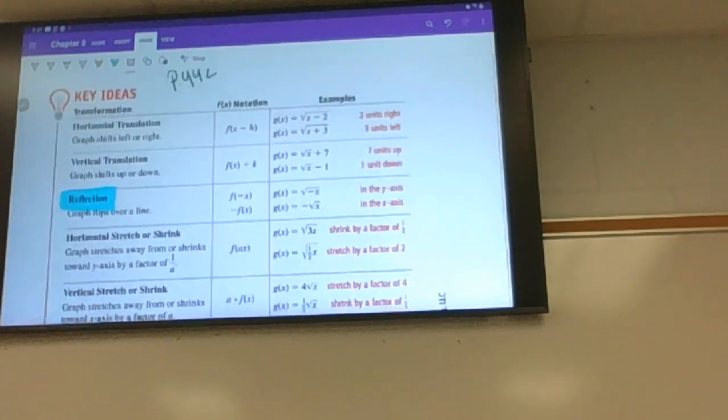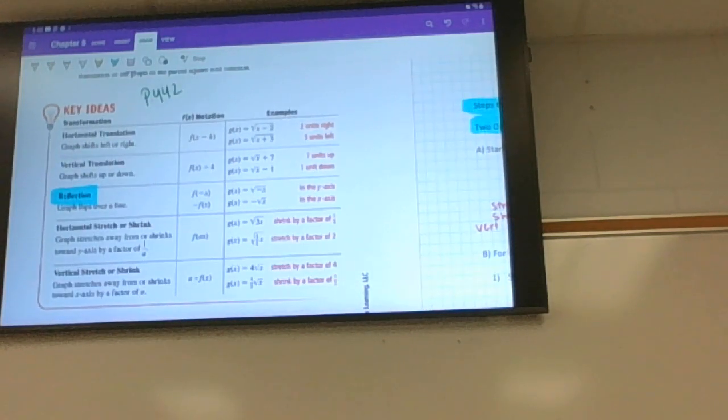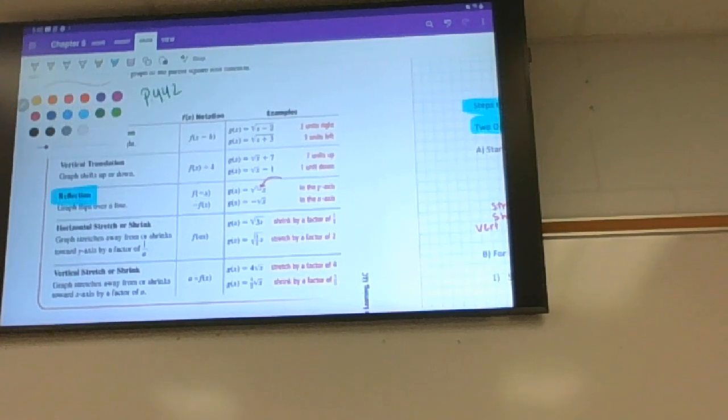On page 442, of all of the different graphs we've made with transformations, I think this is the clearest table that describes all of the different ways you can move a graph around. I highlighted reflection because that's going to be a tricky one, and we don't practice it very much. Observe that if the negative sign is under the radical bar, that's going to flip it across the y-axis.